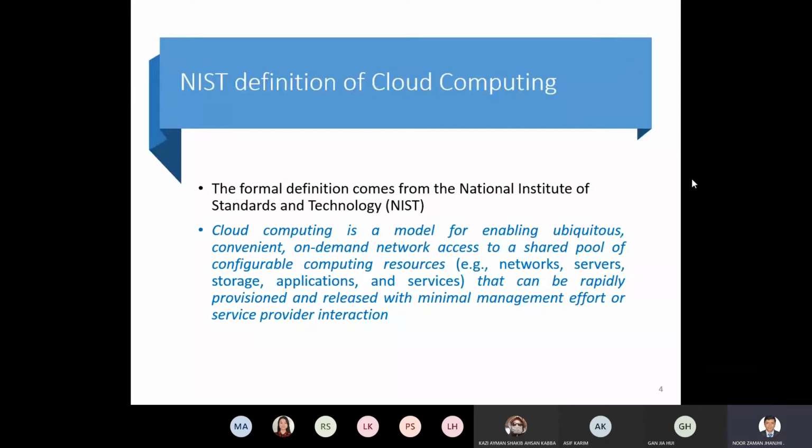But here you can see the definition. This definition is actually from the NIST. I hope that you know about the NIST. That stands for the National Institute of Standards and Technology.